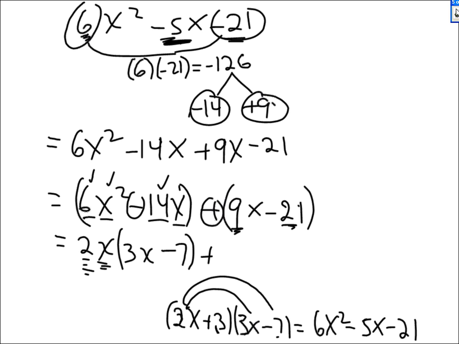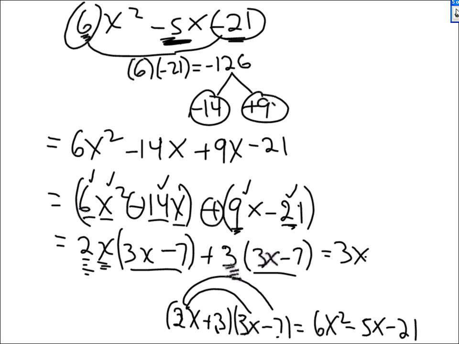Between 9x and 21, I could pull out a 3. 3 times 3x gives me 9x, and 3 times negative 7 gives me negative 21. And then 3x minus 7 is common. I ran out of space, so I'm going across.